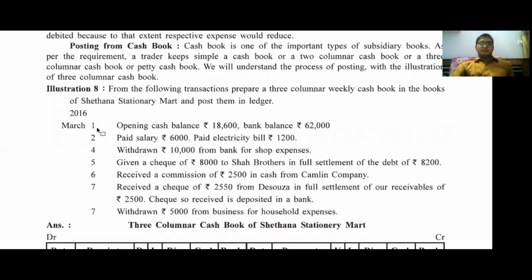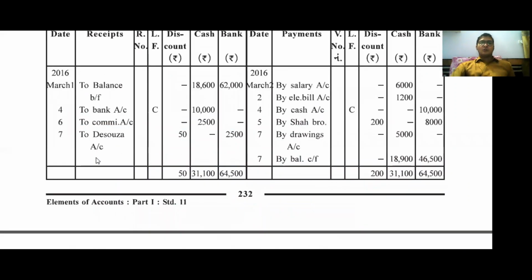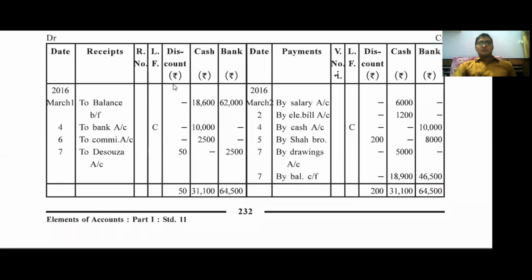That's it. This is a very small sum and we have completed all these transactions and prepared a cash book. Now the total of all these. First of all, the discount total is 50.